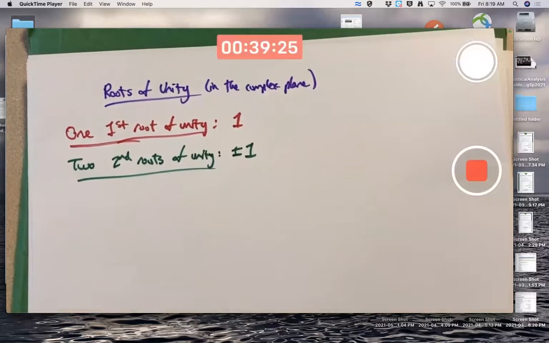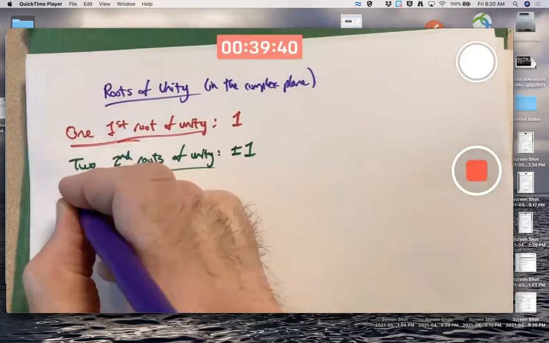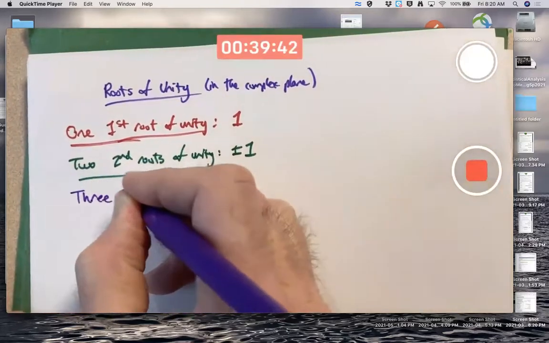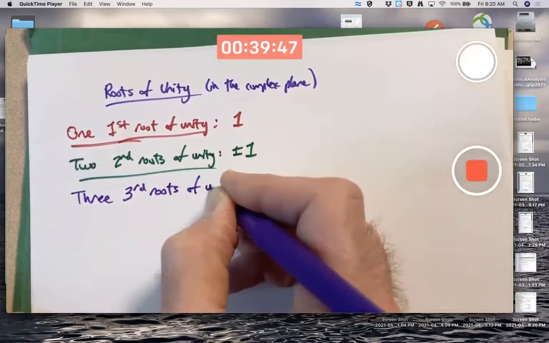Those are the 2 numbers whose square is 1. How about third roots of unity? Turns out there are 3 of them. 3 third roots of unity.